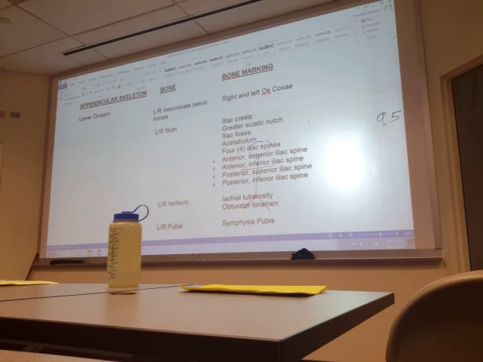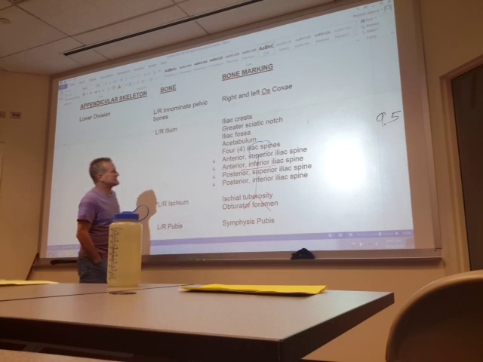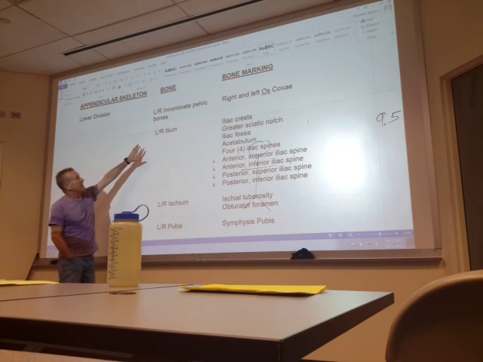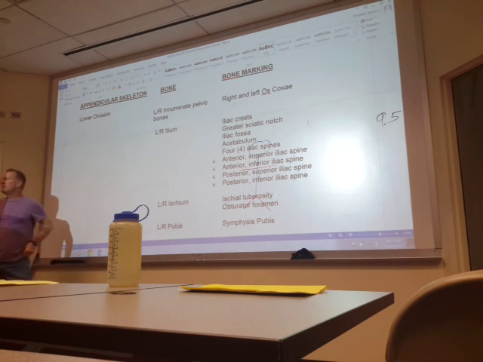Big change here, we move to the lower division. Kind of like with the upper division, the legs have to be attached to the axial skeleton. So the innominate bones, or the os coxae, constitute what's called a pelvic girdle. So pectoral girdle, pelvic girdle.